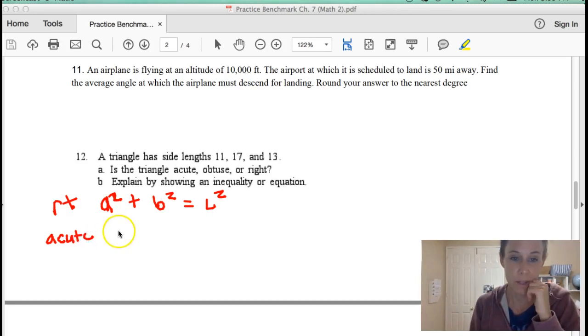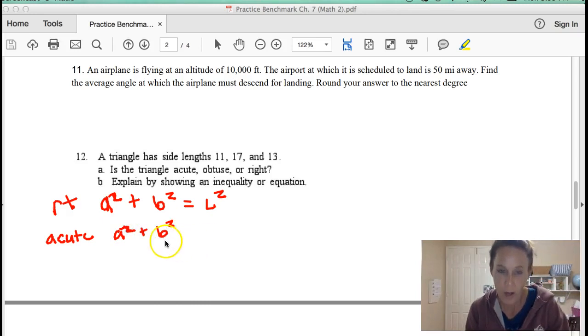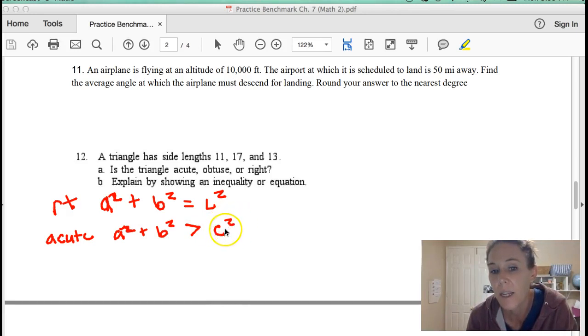You would have this, a squared plus b squared. It's getting hard to write again. It always does this at the end of the test. All right, a squared plus b squared is going to be greater than c squared. What it would mean is your longest length is going to be less than a squared plus b squared.